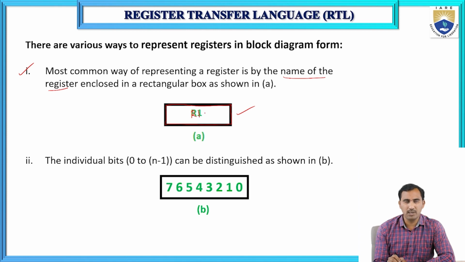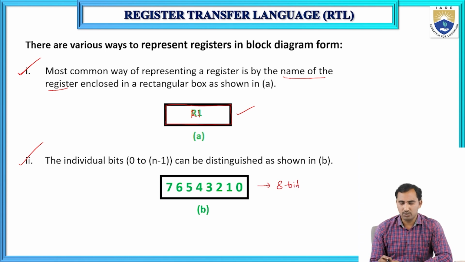Here the name of the register is R1. So this is the most common way of representing the register. The other way is the individual bits, so that 0 to n minus 1 can be distinguished as shown in the figure. Suppose it is an 8-bit register; we can store 8 bits of data.